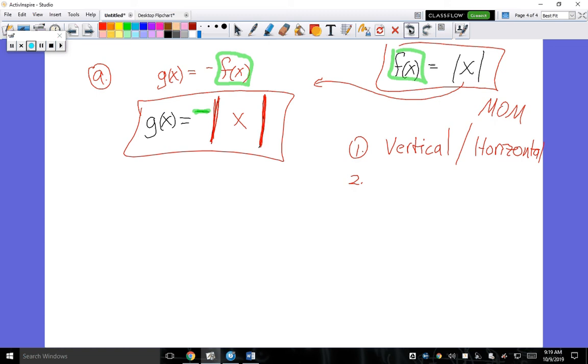So we'll say transformation. And 3, if it's with the x, otherwise the x, we do what? The opposite.